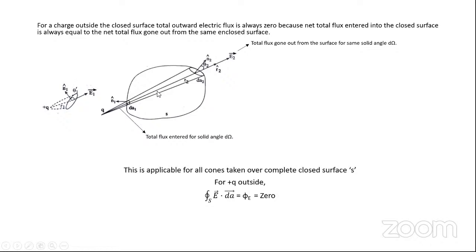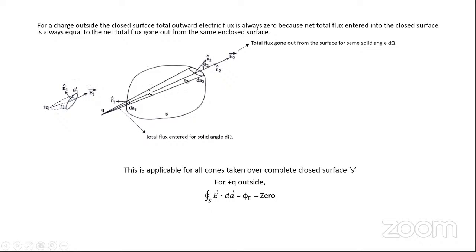The total outward flux will be equal to 0, because the flux produced by this charge Q will enter the area dA1, whose direction is N1, and the same flux goes out from area dA2, whose direction is N2.